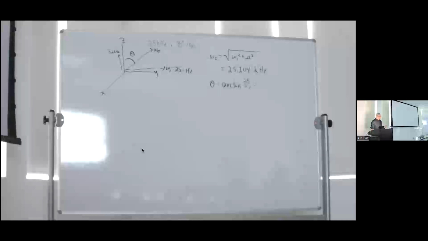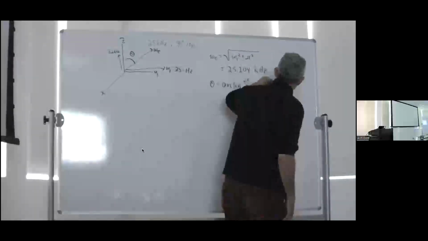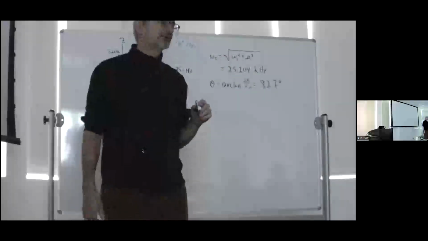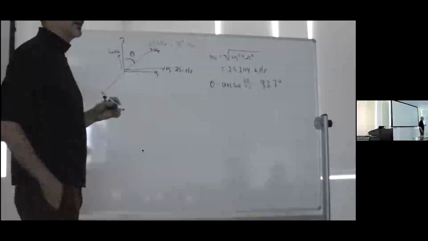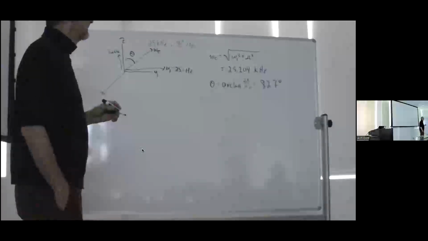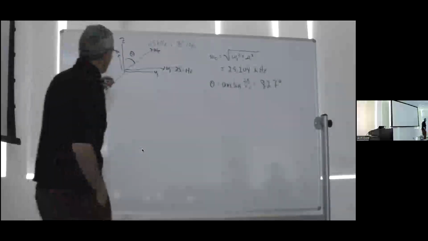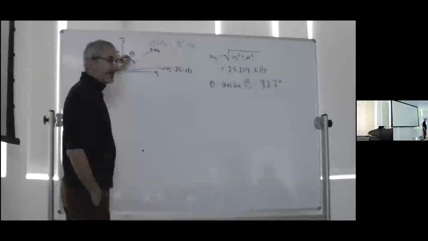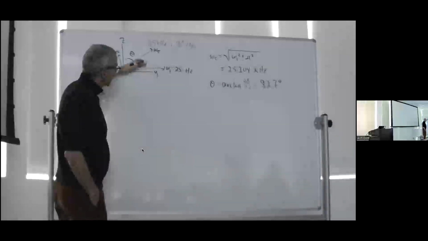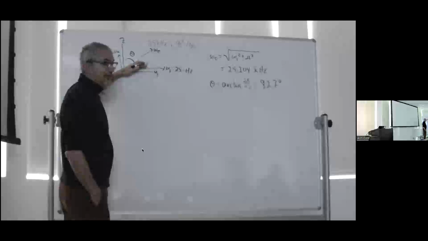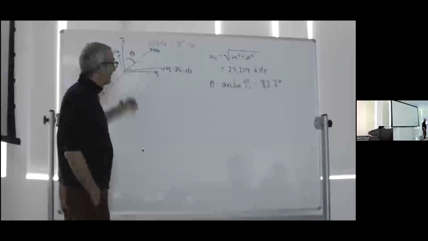I don't know, looks like I did it right. That comes out to be 82.7 degrees. What would that be on resonance? If I did the calculation on resonance, what would I get? 90 degrees. So the tilt angle, I've drawn it much more exaggerated here, right? We're actually quite near the y-axis, just 7.3 degrees tilted up from the y-axis.